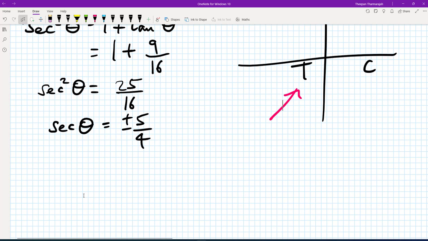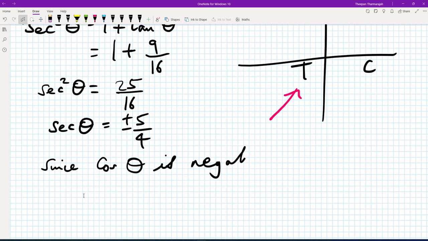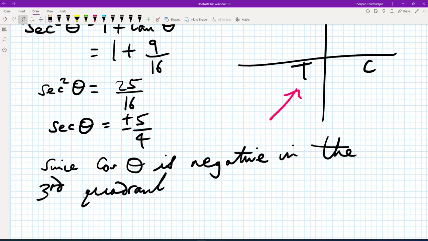So since cos theta is negative in the third quadrant, therefore sec theta is minus 5/4 is the answer.